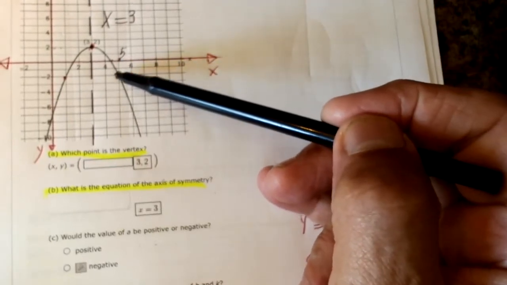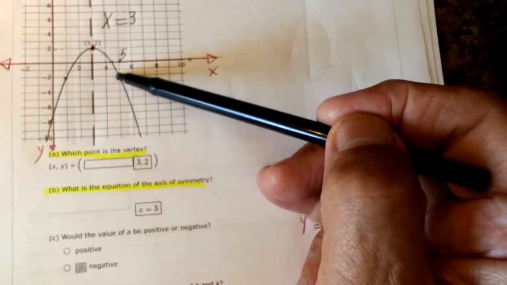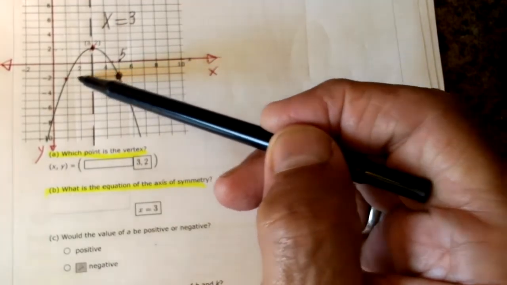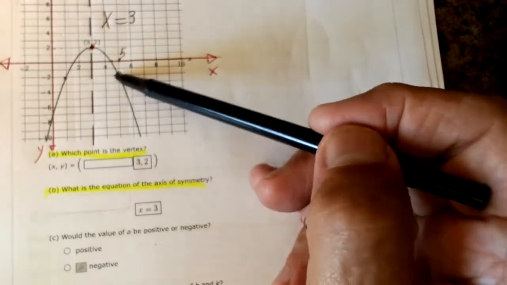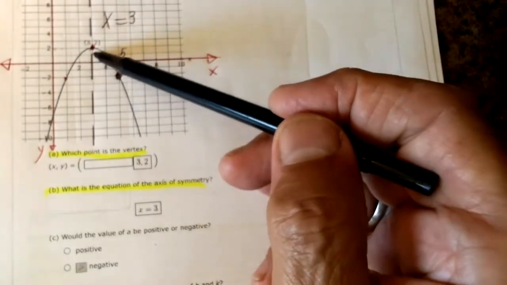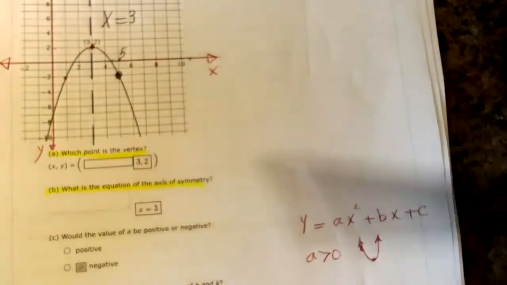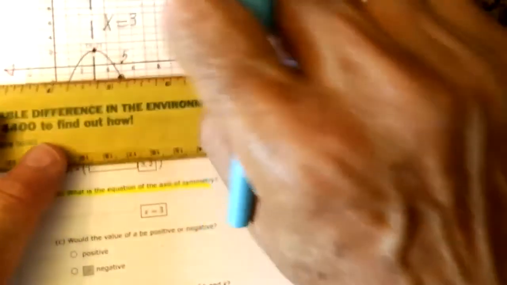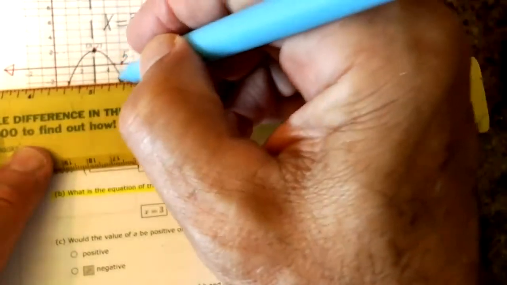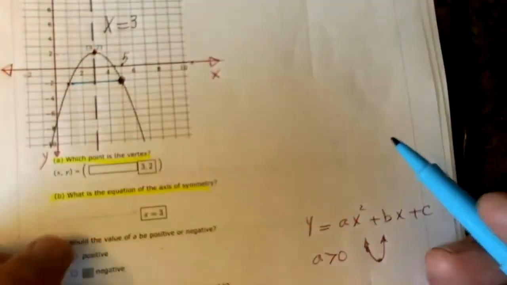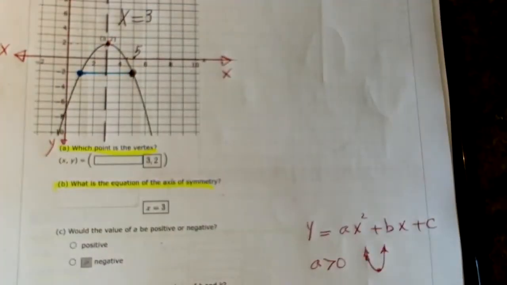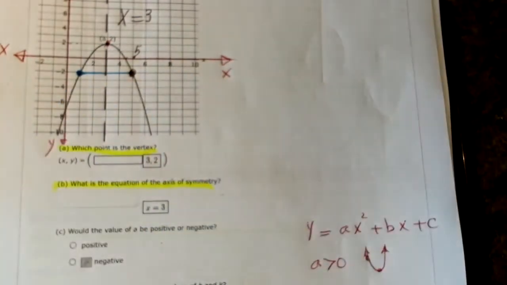They say find the symmetric point. That means from this point, you need to draw a horizontal line at a 90 degree angle to the line of symmetry. The point symmetric to this is this. They want you to read the coordinates of that.